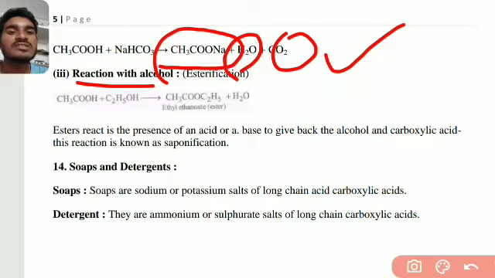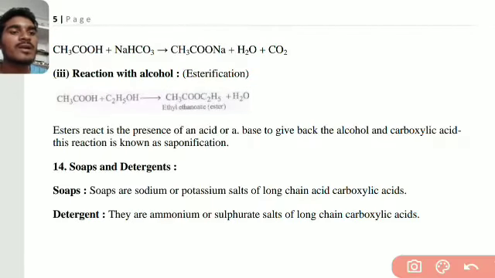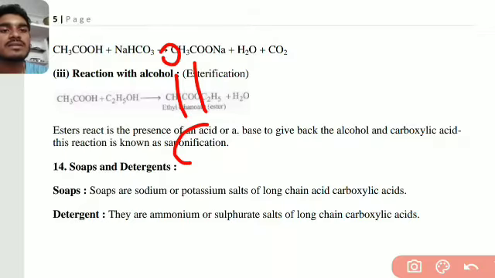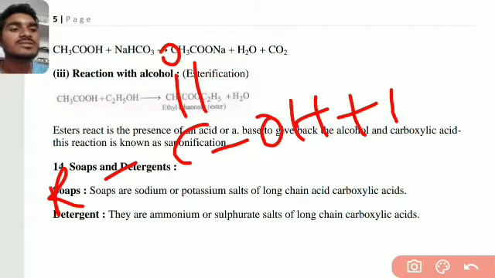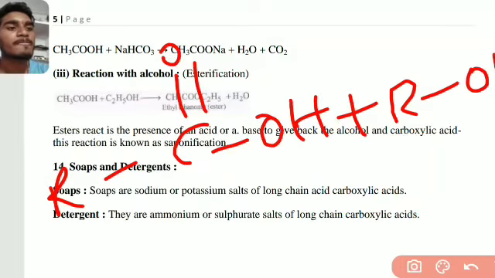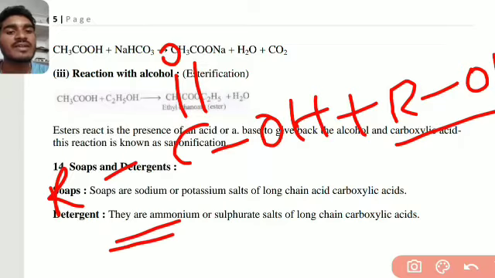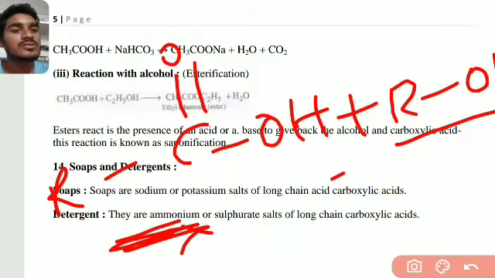These are the esterification process. What is esterification? Carboxylic acid reacts with alcohols. With the removal of water, dehydration takes place and it gives esters, which we call esterification.